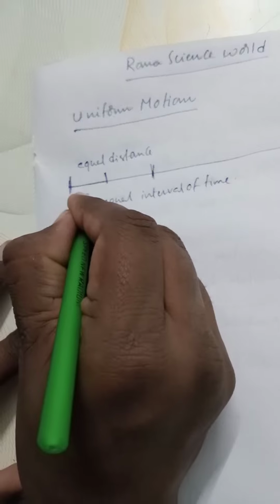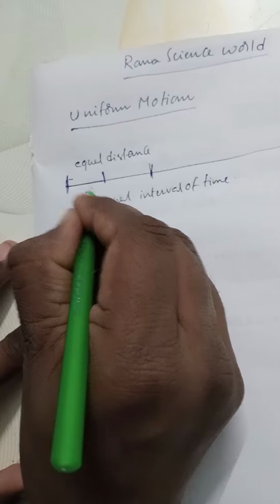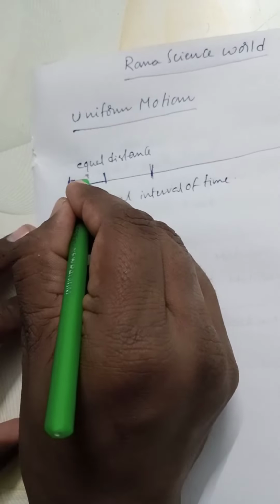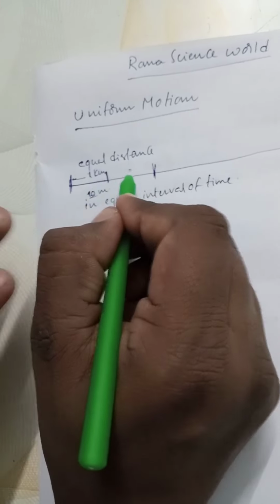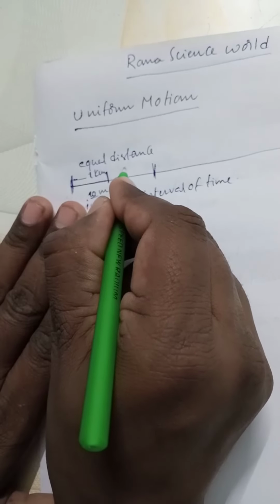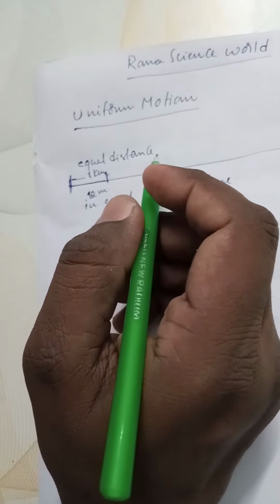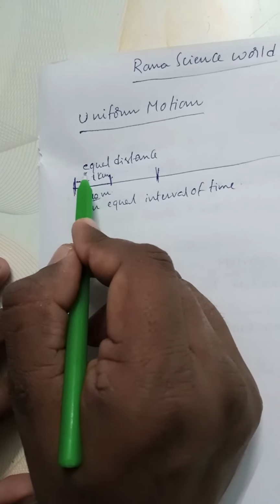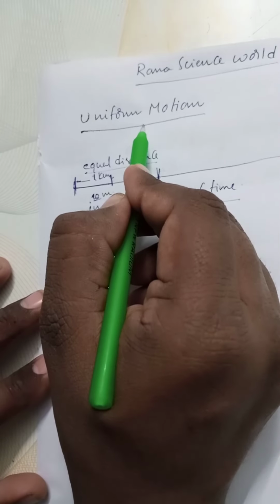Suppose in 10 minutes an object covers a distance of 1 kilometer. Similarly, it covers the same distance in another journey of 10 minutes. Like that, it takes equal distances in equal intervals of time. That motion is called uniform motion.